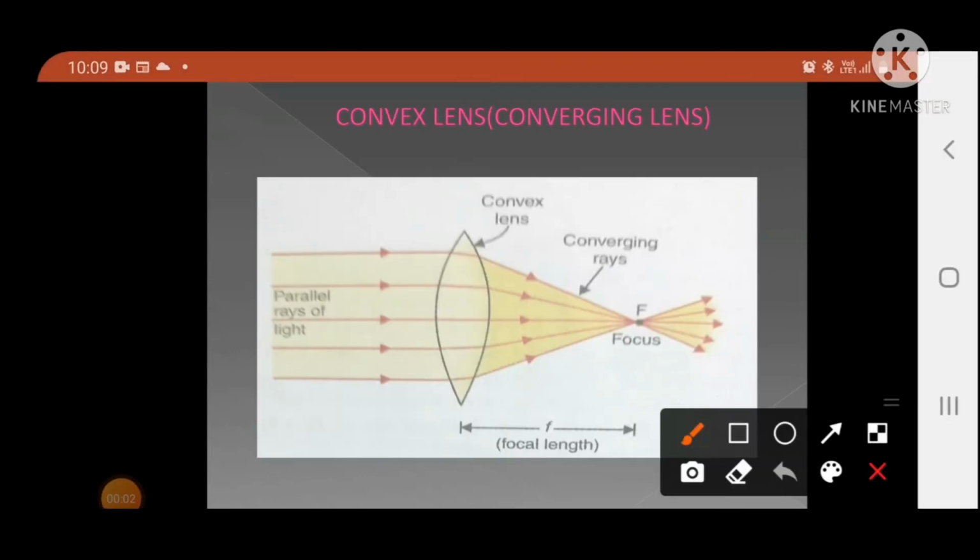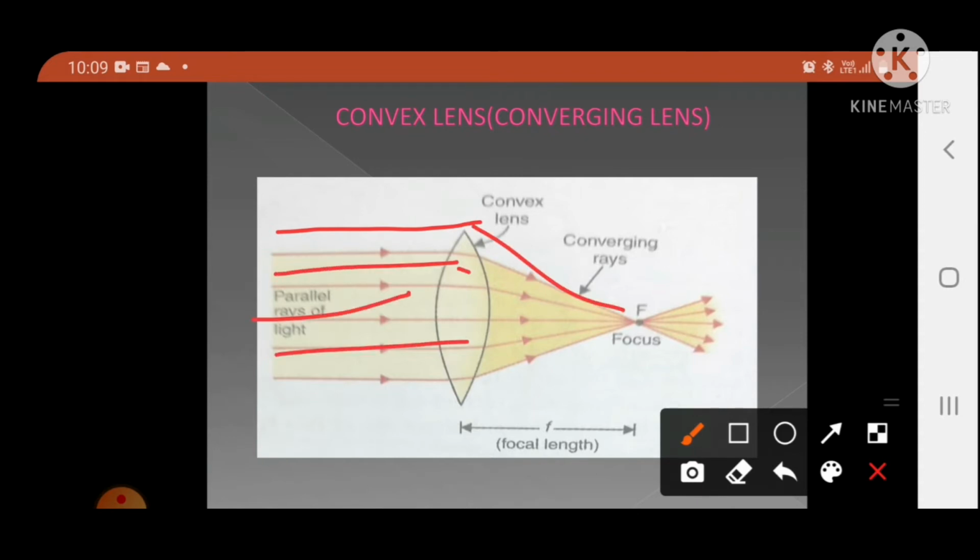As we can see here, after passing through the convex lens, the beam of parallel rays of light converges to one point, and that point is called focus. That's why convex lens is also called converging lens.